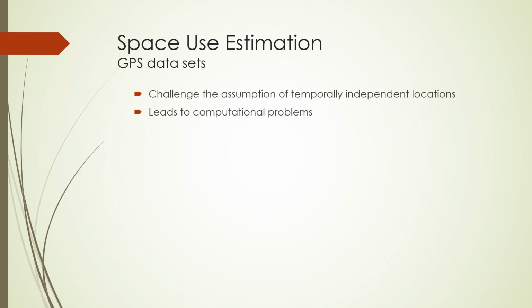So as we talked about, the kernel estimator really has problems with GPS data sets where you have obviously dependent locations, and that leads to computational problems.